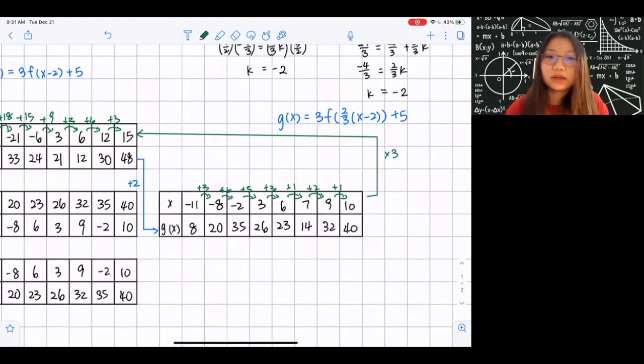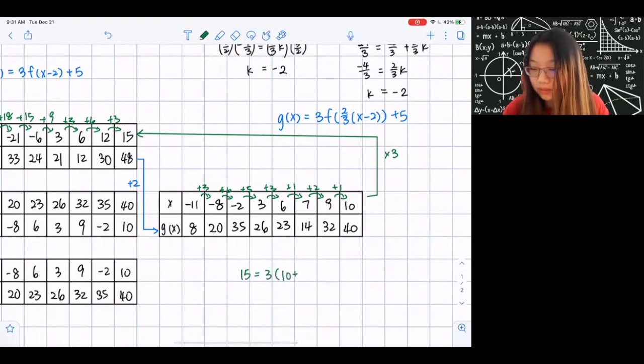Now I need to figure out the shift, which I'm just going to do using 10 and 15, since that's a pair that shows. So I have 15 equals 3 times 10 plus k. So I have 15 equal to 30 plus 3k, so k equals negative 5.